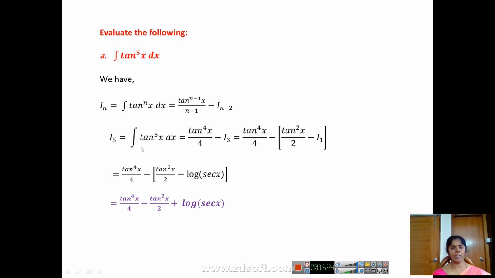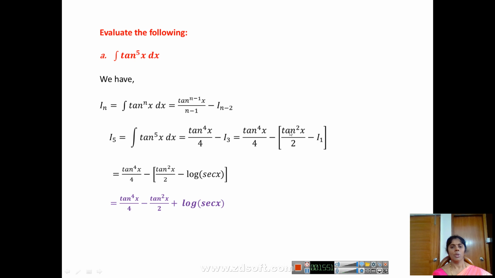I5 equals the integral of tan to the power 5 of x dx, which is equal to tan to the power 5 minus 1, that is 4, of x divided by 5 minus 1, that is 4, minus I3. Keep the first term as it is, and I3 can again be found using the formula, substituting n as 3.